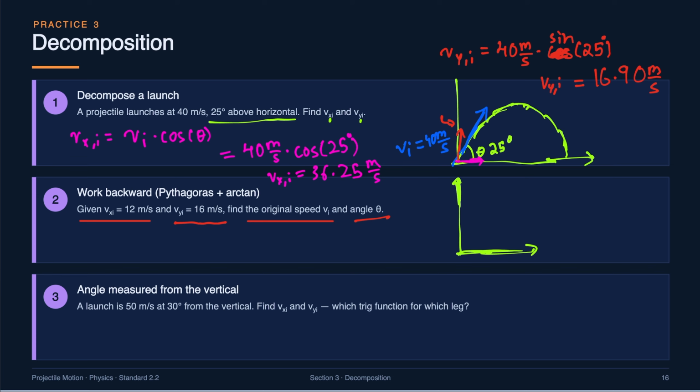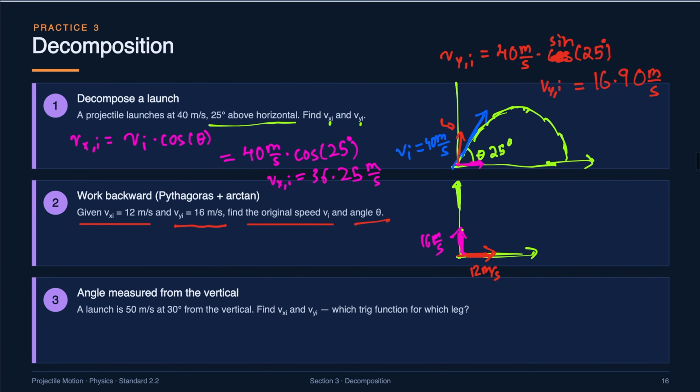So I know my projectile has velocity x initial of 12 meter per second, velocity y initial of 16 meter per second. So if I put this vector over here, which is called vector transposition, or moving vectors around to add them, then my velocity initial would look like this.